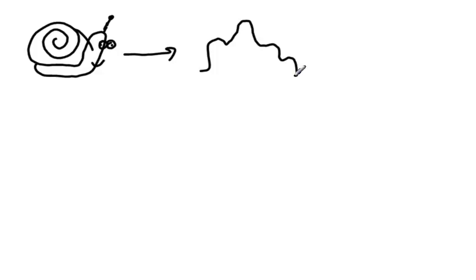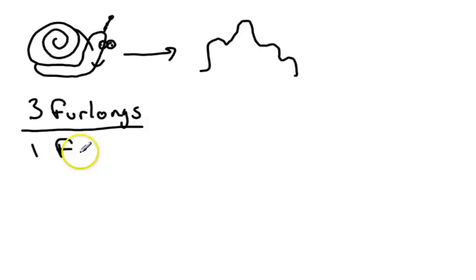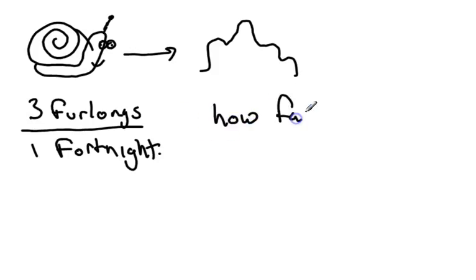Now, the snail can travel at, let's say, 3 furlongs per 1 fortnight. What I want you to tell me is how fast is the snail going in meters per second.